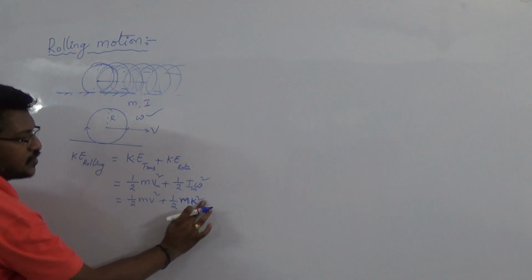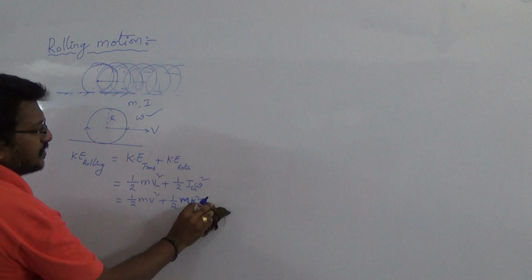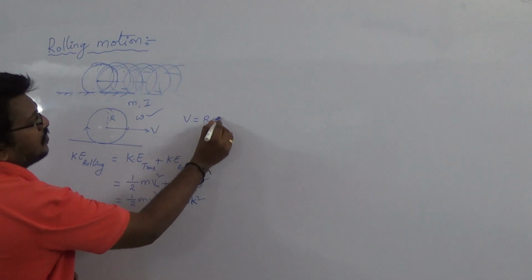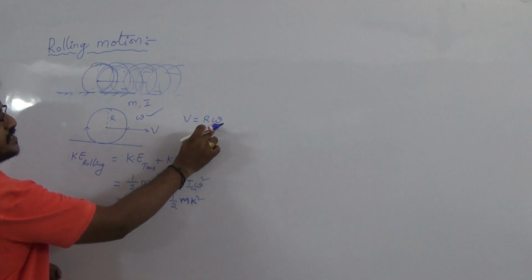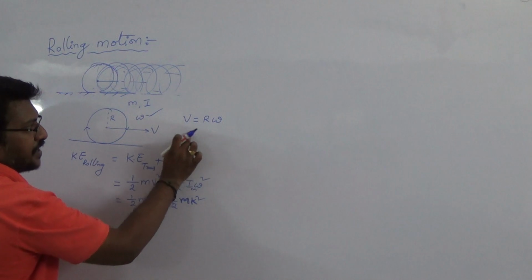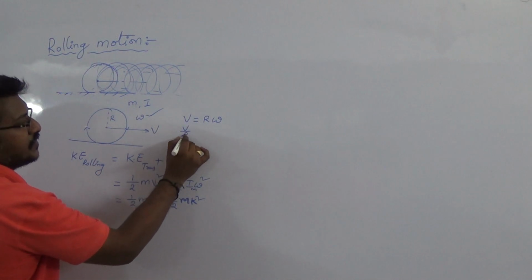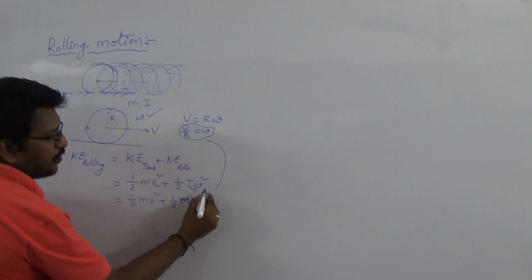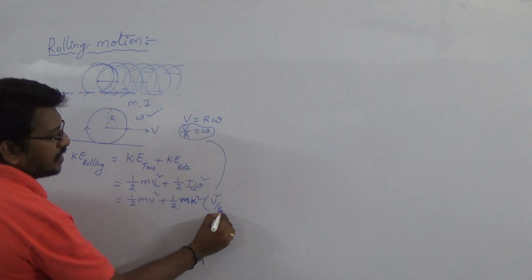In case of omega, we know the relation v is equal to r omega, where r is the radius, omega is the angular velocity, and v is the linear velocity. From this, omega equals v by r. Substitute in place of omega, we get v square by r square.